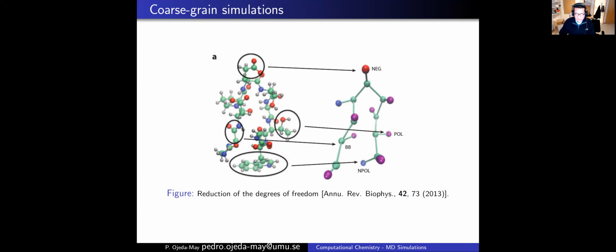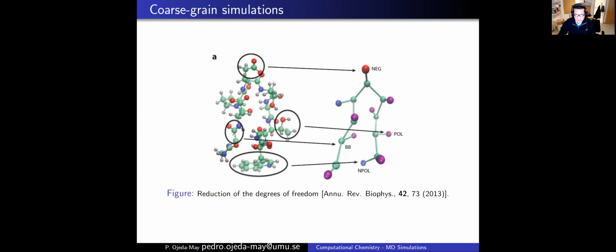So another technique to speed up your simulation is by using the so-called coarse graining. And this is where the Martini force field comes into play. And here I show you the representation of a protein by using balls and sticks.